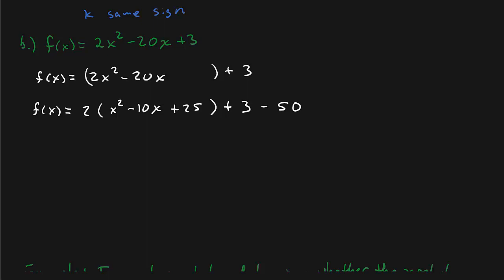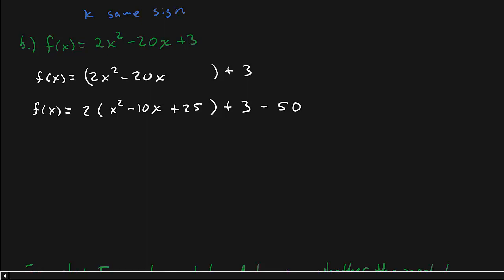Because, well, you added 25. Why are you subtracting 50? Well, if you look at it, really, I added 2 times 25. You see that? 2 times 25 is 50, right? So I added 50, so that means I have to come out here and subtract 50.